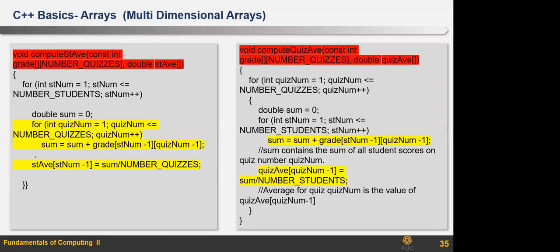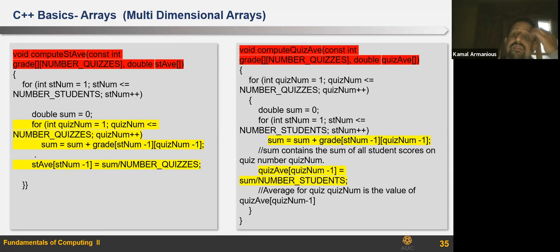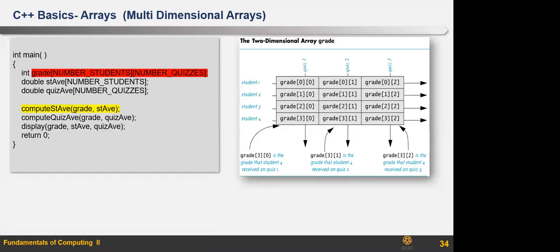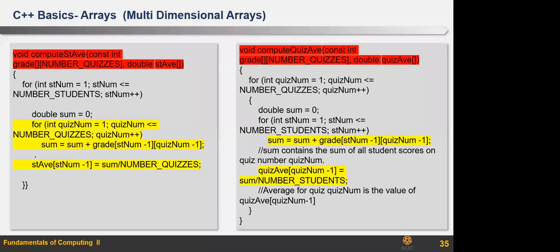Doctor, I have one question. Okay. When we're sending the 2D array as a parameter in the function, in the red line here above to the left, we are sending the 2D array as a parameter. This one or the previous one? No, the one you just... Yes. Why did we first use empty brackets and then brackets with the number of quizzes inside?